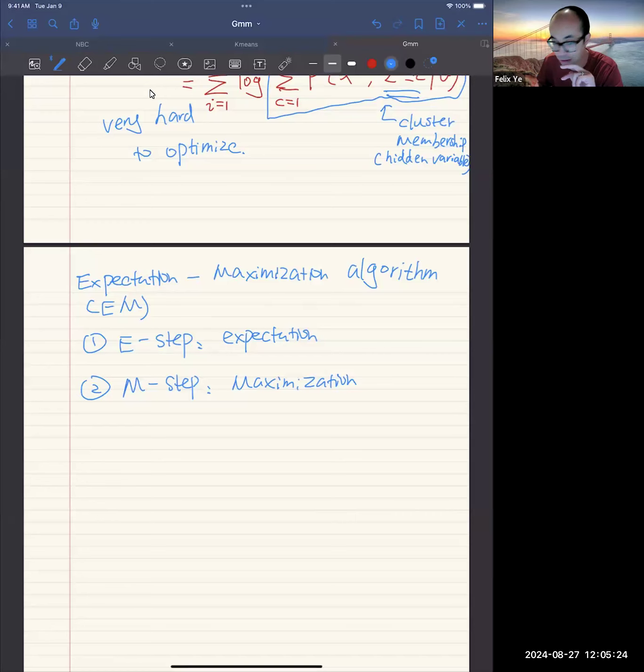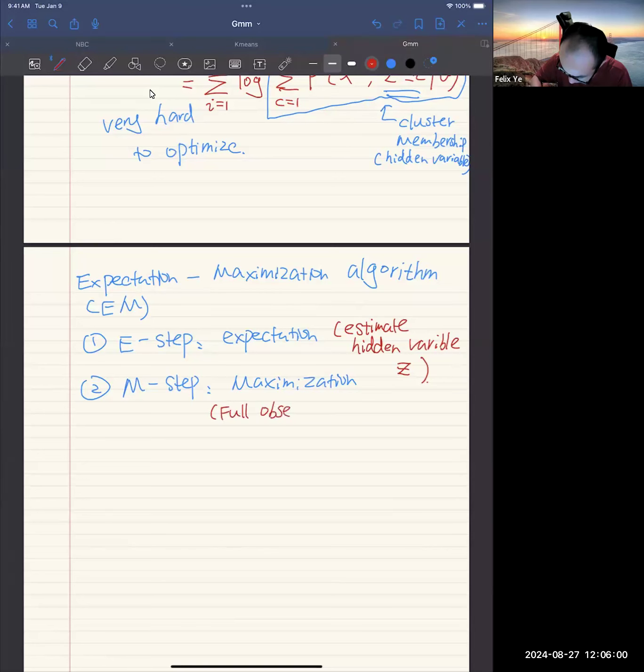Basically, we're going to take these two steps alternately. In the E step, we want to estimate the hidden variables, which in this case is Z. For the maximization step, we use the full observation to calculate the MLE of those parameters theta.